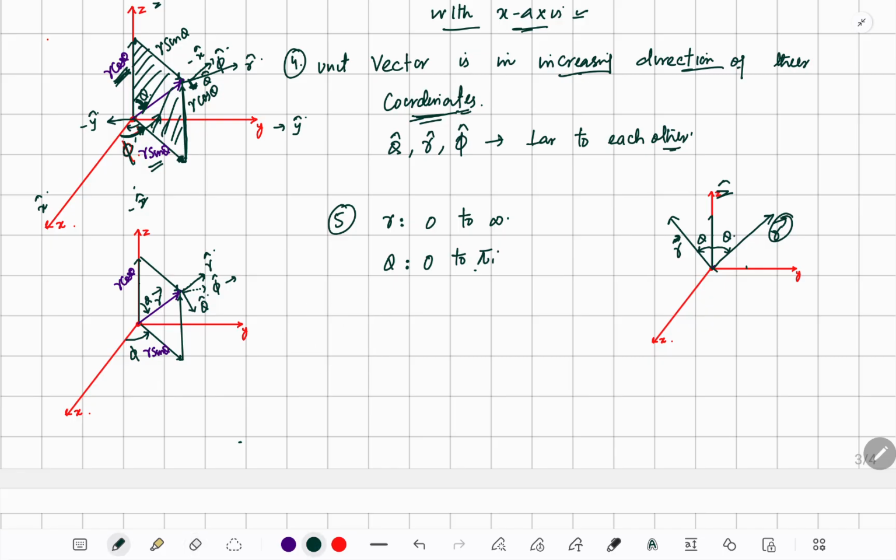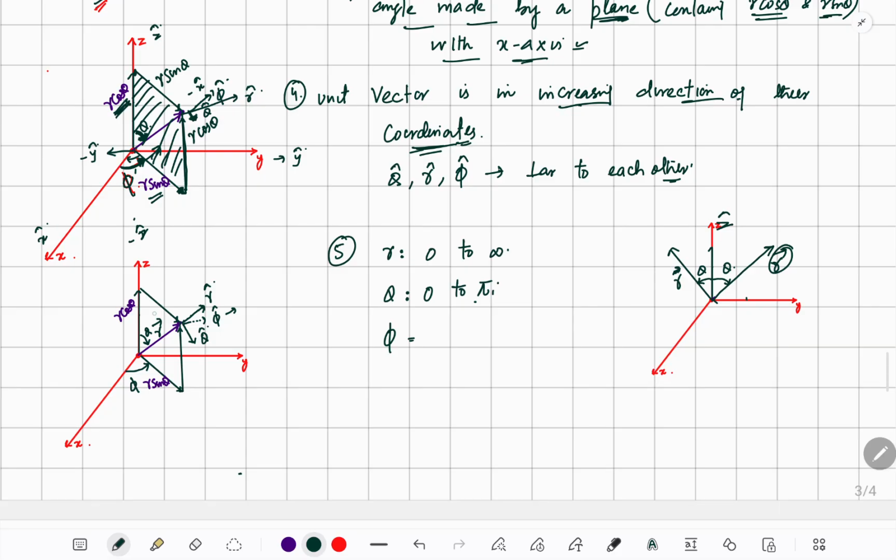Okay, now what is the range of phi? Since phi is the angle made by this plane with the x-axis, initially you consider it would be here, making how much angle? 0. Then it will come here, and it will make angle phi.